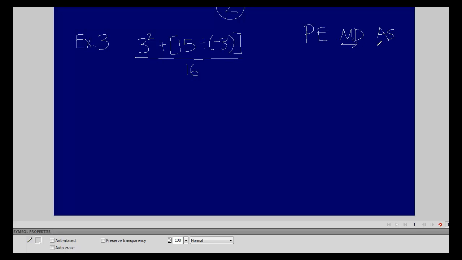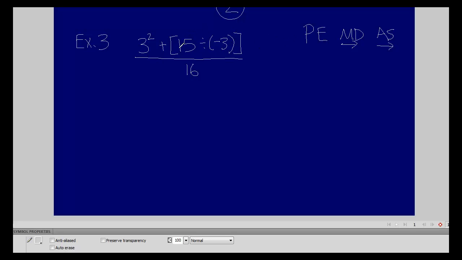Put our arrows. We're going to start out with our parentheses. And remember, brackets are a part of this parenthesis set, I guess you could say. So let's look inside here. We use this order of operations again in here. It's almost like a sub-problem within the bigger problem of order of operations.